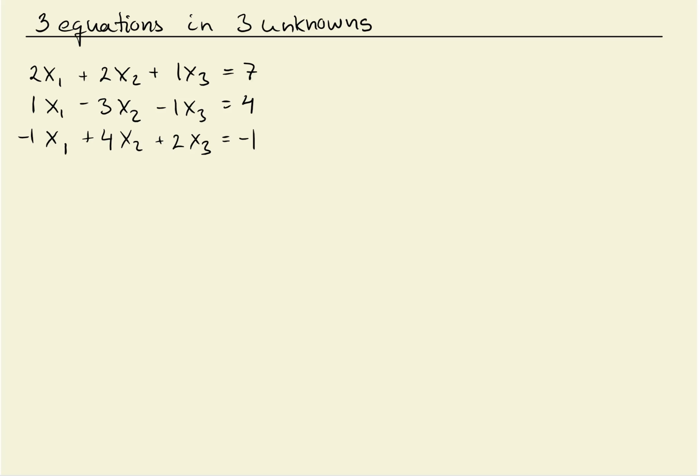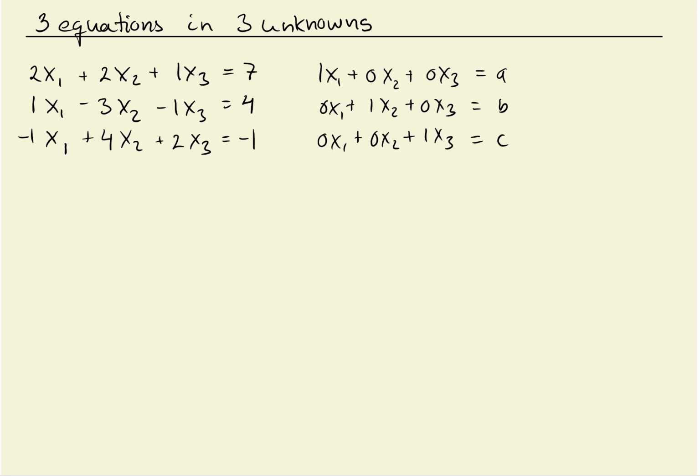In this video, I'll show how to solve three equations in three unknowns, x1, x2, and x3, and I'll do it using row operations. As we remember from the earlier videos, what I want to end up with is a system of equations which look like this, in which the coefficients of x1, x2, and x3 are all 0 except here, where I have coefficients of 1.